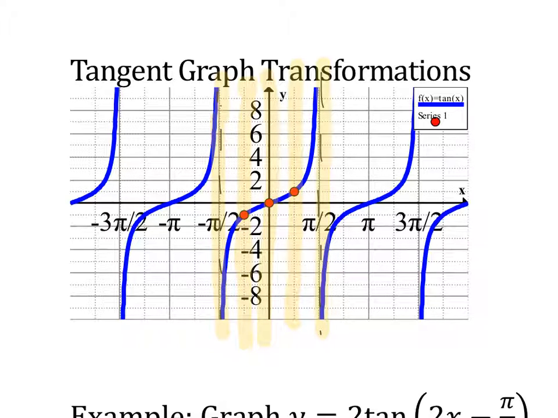Now, of course, those actual slope values, or those output values, will change as we consider a different function. Whether we're considering a transformation horizontally or vertically, all of those points will change.